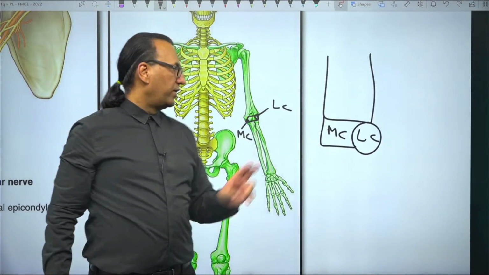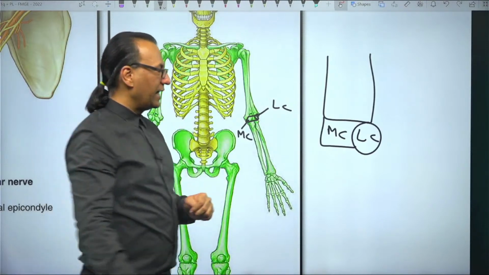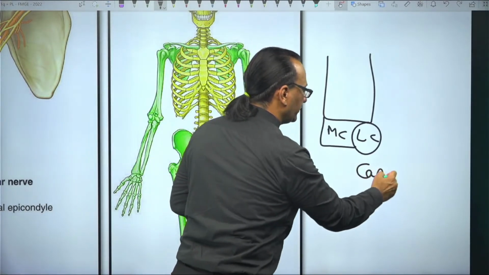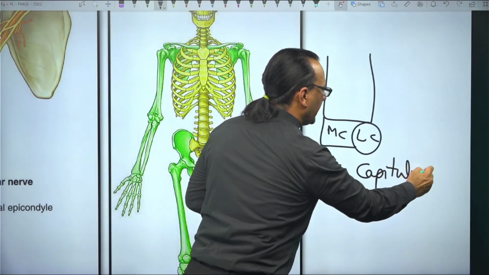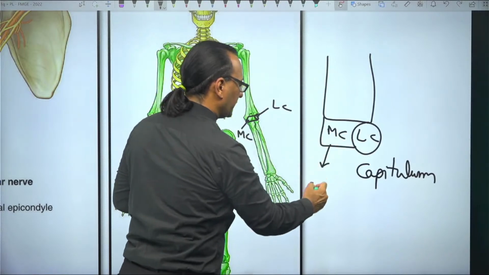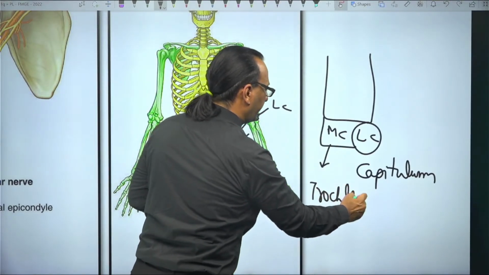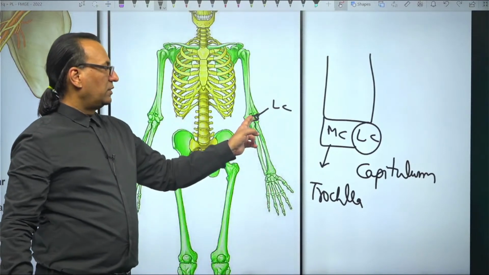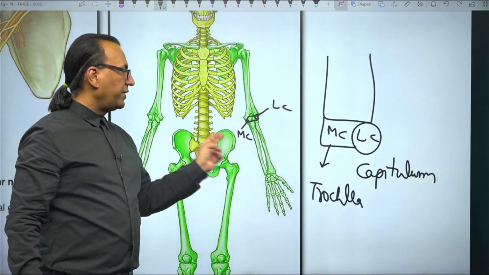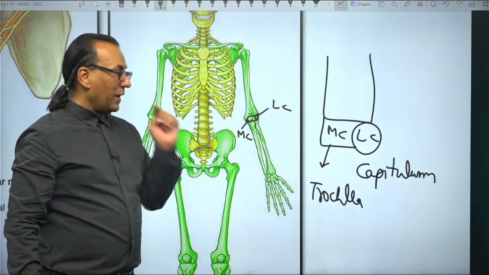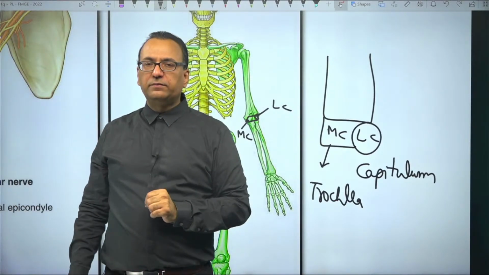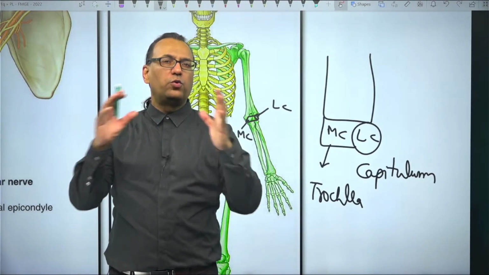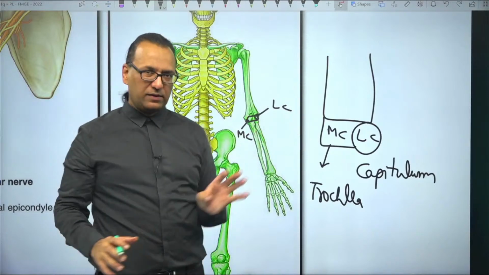The name of the lateral condyle is capitulum, and the name of the medial condyle is trochlea. So they are putting some of the markers on the lateral condyle and medial condyle. How do you identify them if it is given to you in an X-ray?